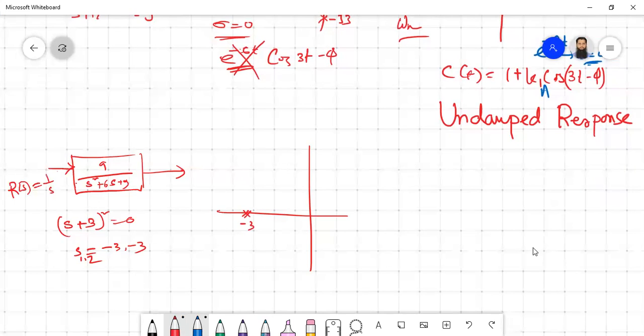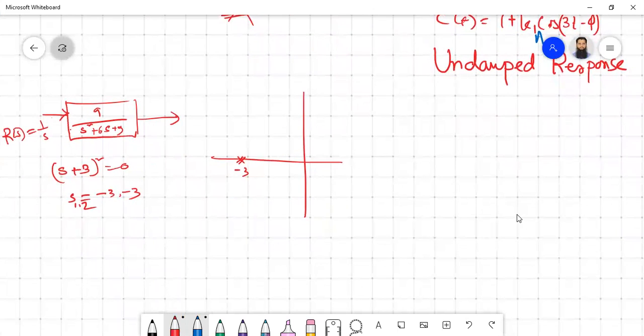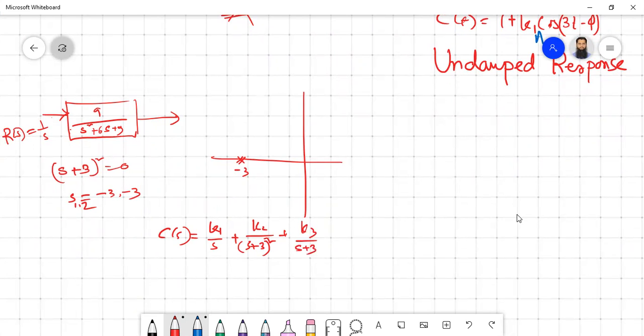So what will be the system response type? Before going to the system response type, what should be the equation? From your partial fraction expansion, you'll have something like this: K1 by s, plus K2 by (s plus 3) whole square, plus K3 by (s plus 3).